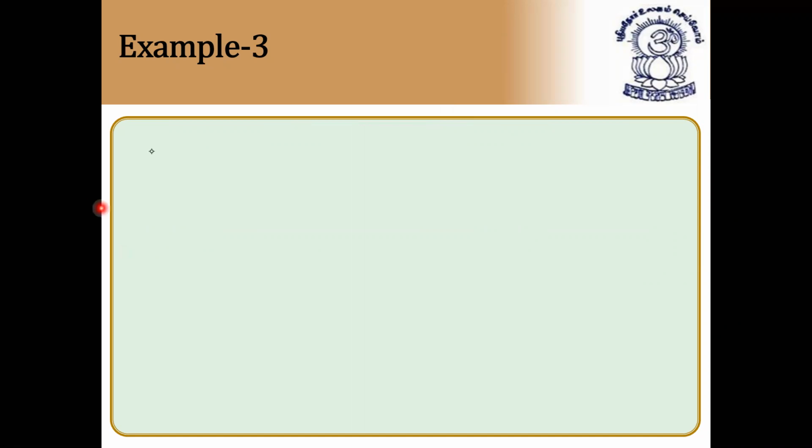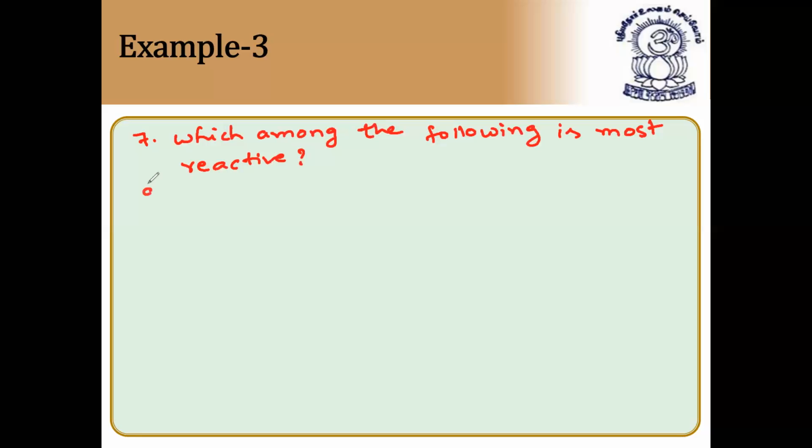Now let us see question number 7. We'll do 10 questions from this so that you can understand better. Which among the following is most reactive? This question is very important. Option 1, chlorine gas.